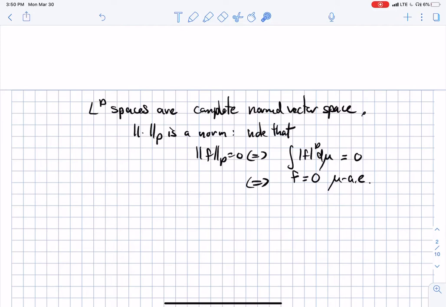Well, this is the usual identification that two functions are equal if they are equal on a set of full measure. So again, if the L^p norm of f is 0, then that means this integral is equal to 0, and we know this is positive, so that means that f is equal to 0 mu almost everywhere. And therefore, the norm of f is 0 if and only if it is the 0 vector in my space, which is the function which is 0 almost everywhere.